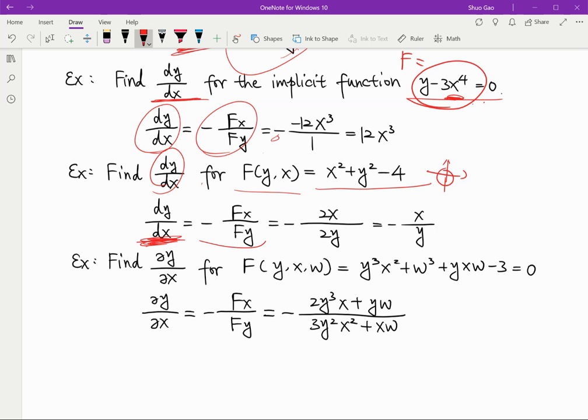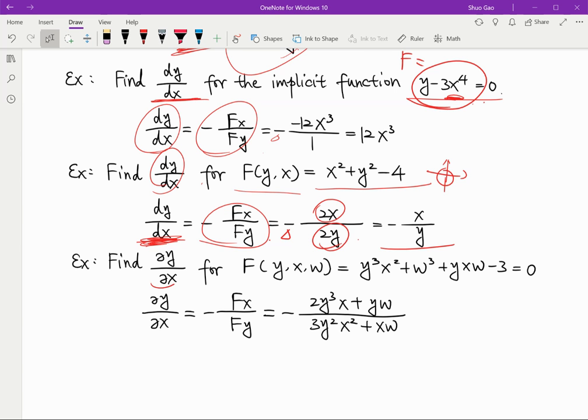So dy over dx equals, pay attention that there's a minus sign here, F_x equals 2x, the partial derivative of big F with respect to x. And F_y is just 2y, so this becomes this thing. So even if y is not a function of x, we can still find the derivative of y over x using the implicit function rule.